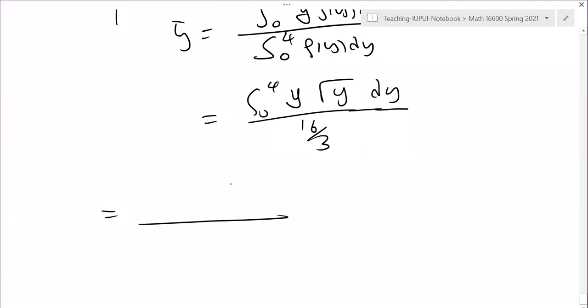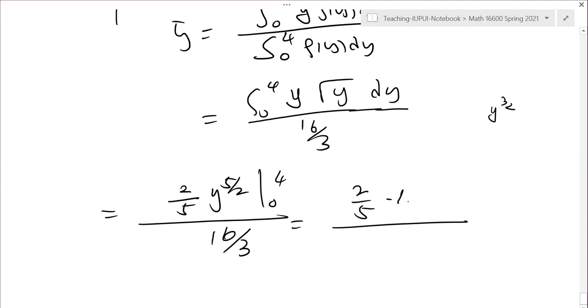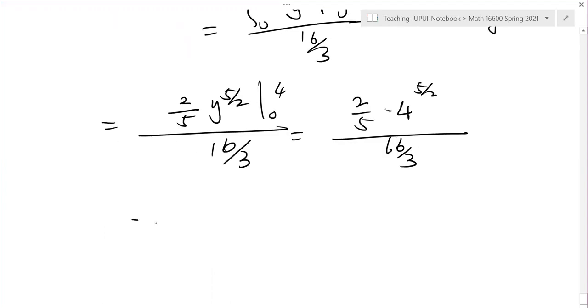This is the antiderivative, y to the 3 over 2, so the antiderivative is 2 over 5 y to the 5 over 2, evaluated from 0 to 4, over 16 over 3. Okay, 2 over 5 and 4 to the 5 over 2, which is 2 to the 5th.